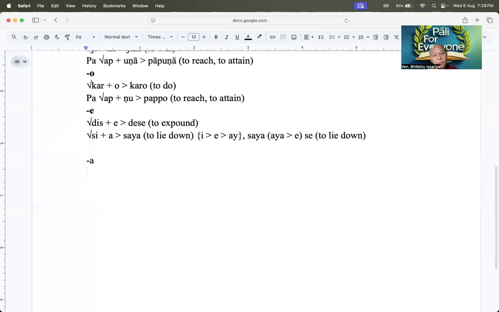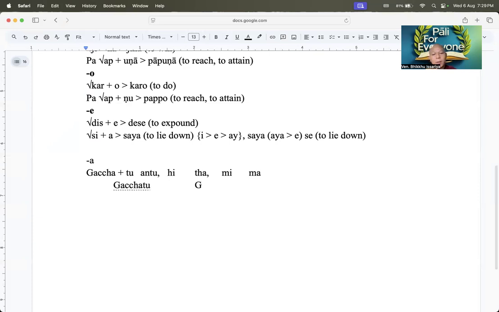After that, we can add do and undo and he and ta and me and ma. Okay. So now simply we will have gacha do.